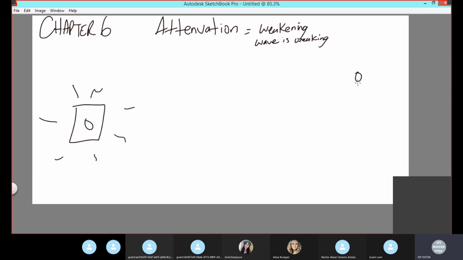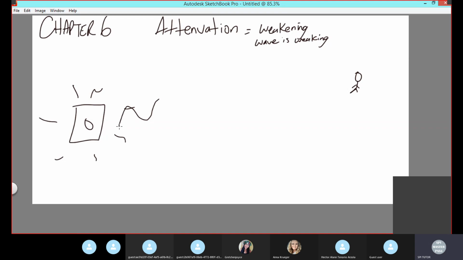So what do you do? You move really far away from the speaker and now you don't hear anything. Now, does that mean that someone turned the speaker off? No, it doesn't. So how is it that the speaker is as loud as it always was, yet you don't hear it anymore? Okay, that's attenuation.